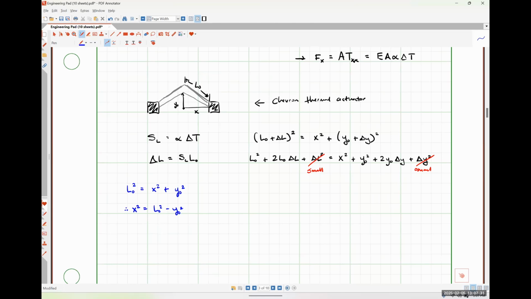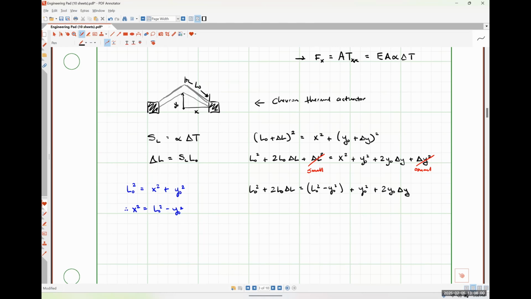And I'm just going to substitute that in because my x dimension literally never changes for this thing. So that's going to look like L naught squared plus twice L naught delta L is equal to L naught squared minus y naught squared plus y naught squared plus twice y naught delta y.